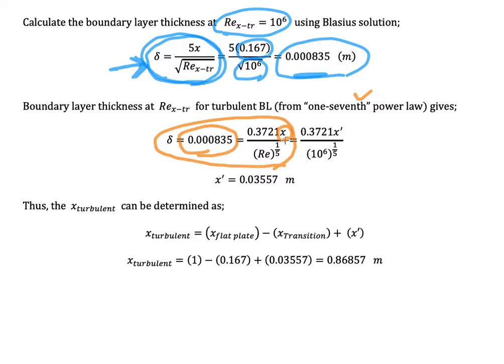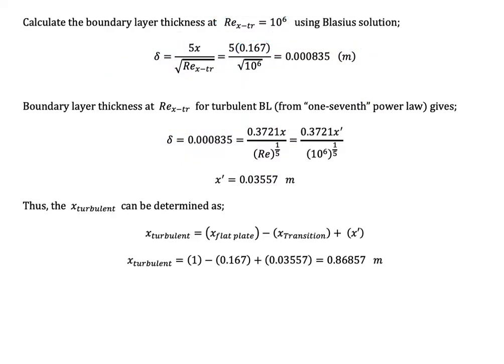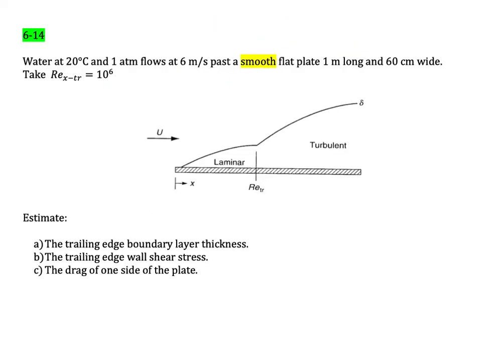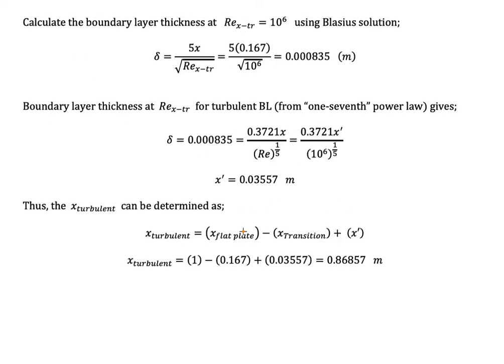The value of x is equal to 0.03557 meter. So the distance of the boundary layer from its original point here is 0.355 meter.